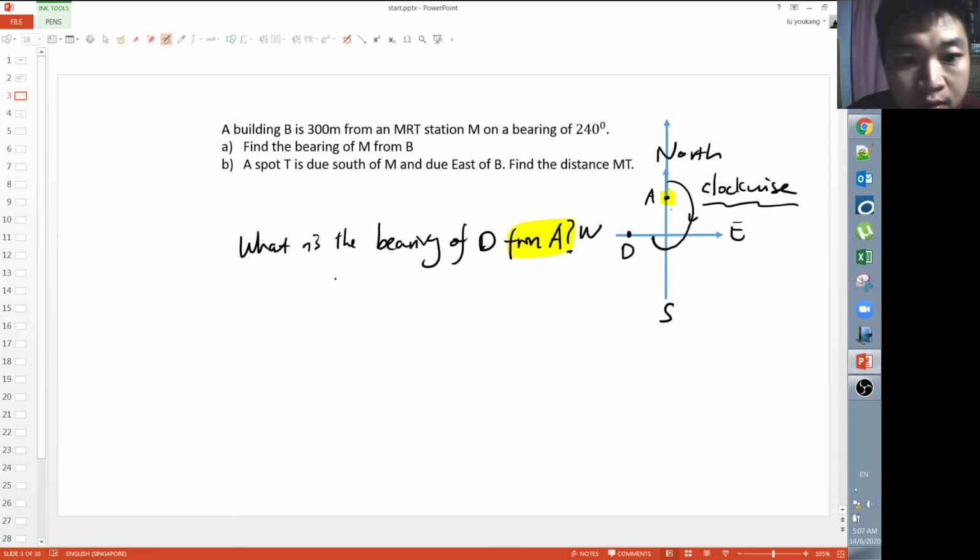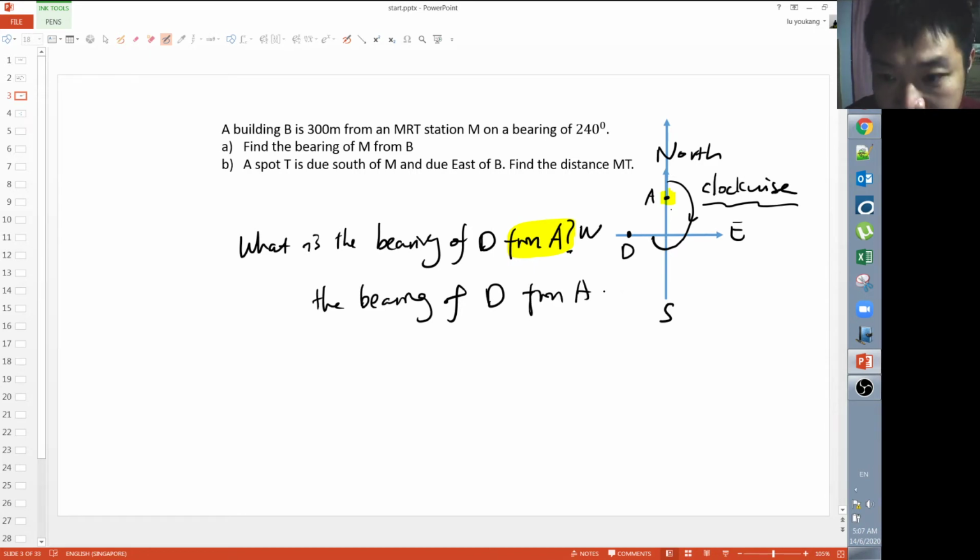You can see the bearing of D from A is 270 degrees. Why? Because this is your 90, this is 180, and another 90 here. If you add it up, 90 plus 90 plus 90 gives you 270.